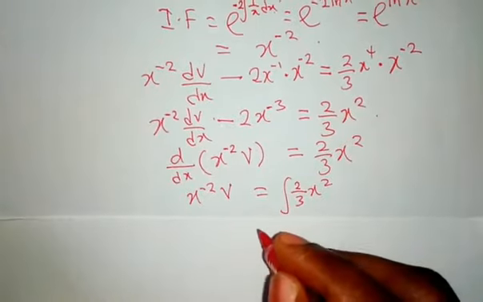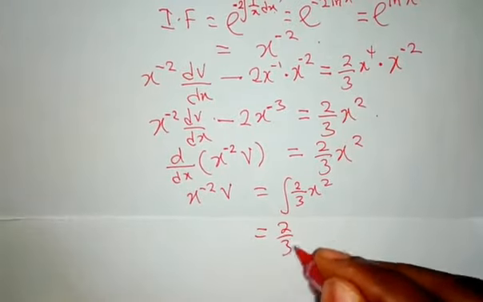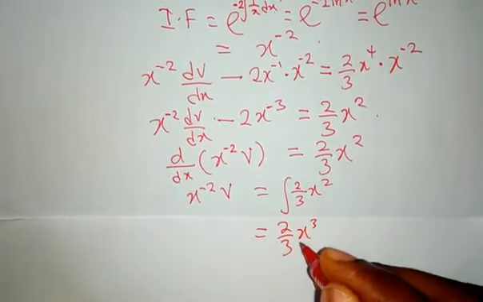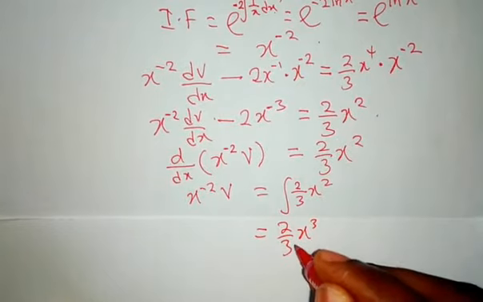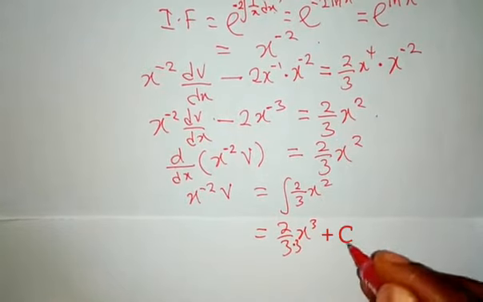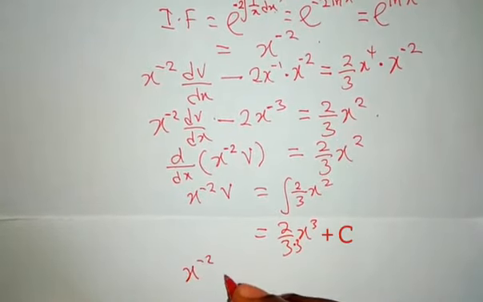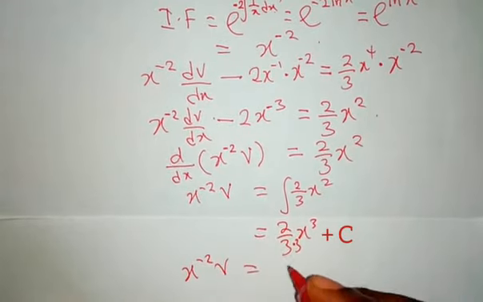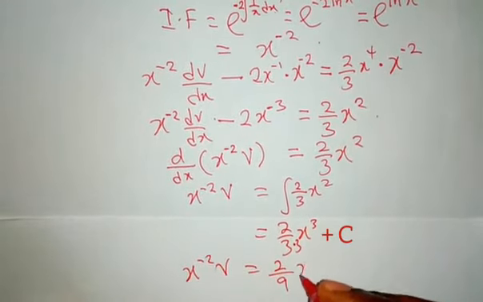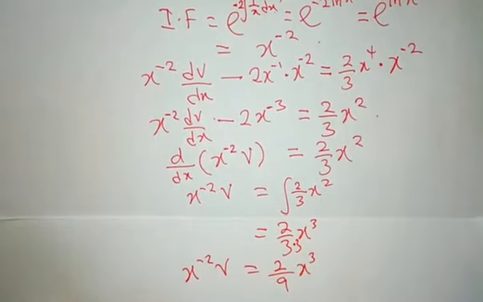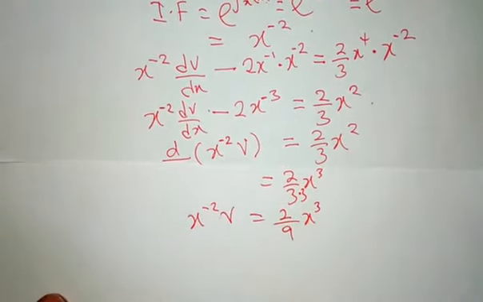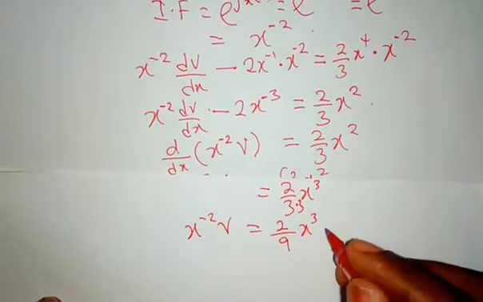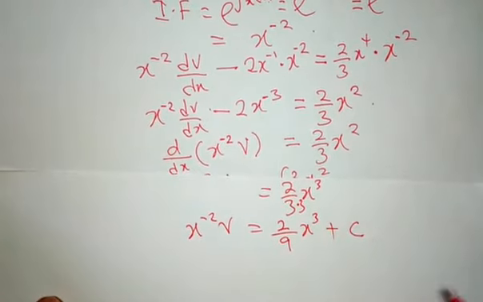And if we integrate this, we have 2 over 3 x cubed divided by 3, which is equal to 2 over 9 x to the power of 3 plus a constant of integration c.